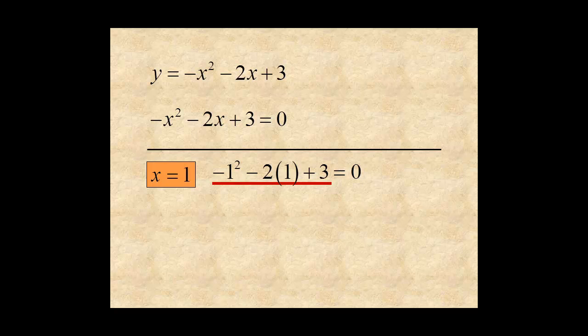Negative 1 squared equals negative 1, and negative 2 times 1 equals negative 2. Then negative 1 minus 2 equals negative 3. And you have negative 3 plus 3 equal to 0, which is a true statement. So x equal 1 is a solution to the equation because it's a value of the variable that makes the equation true.